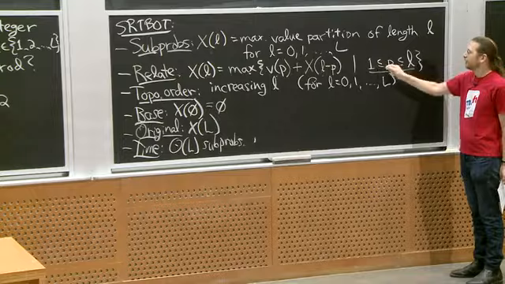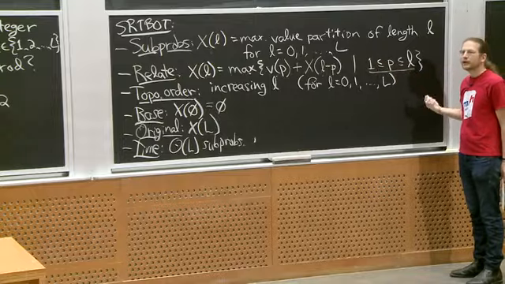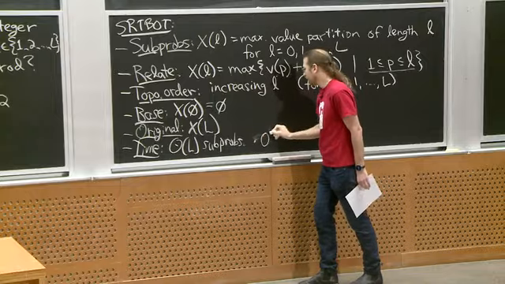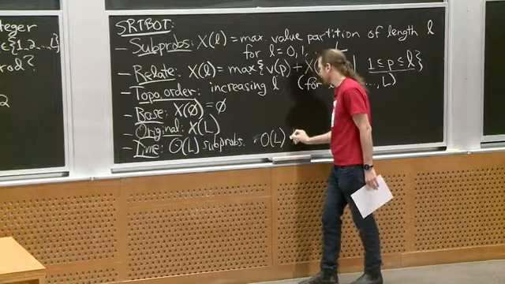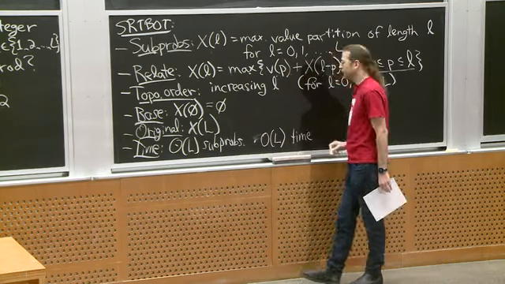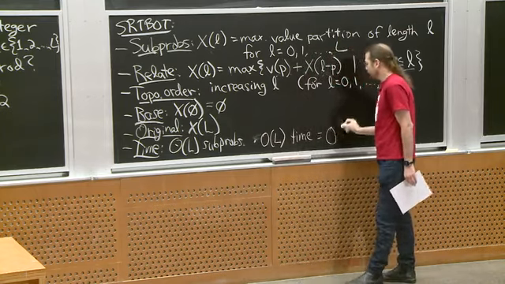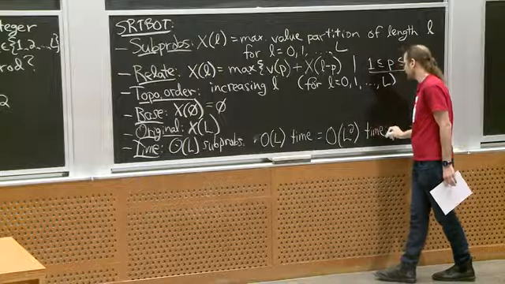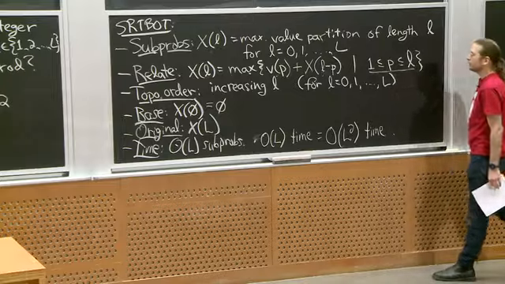And so it takes little l time. Little l is certainly at most big L, and so we'll say big O of big L time. It's actually a triangular number, but it will only affect things by a constant factor. So we get L squared time. And we're done.